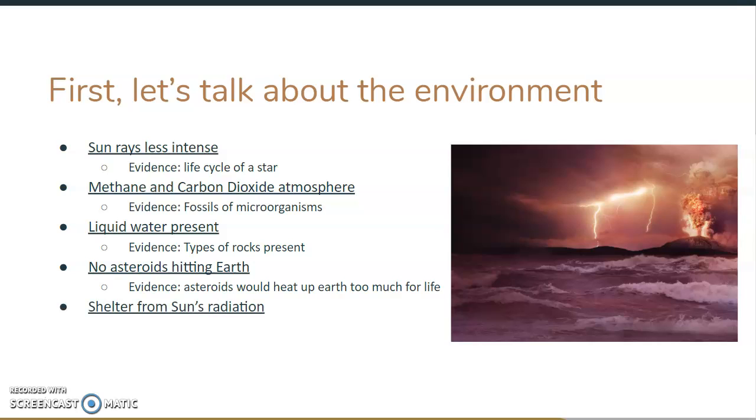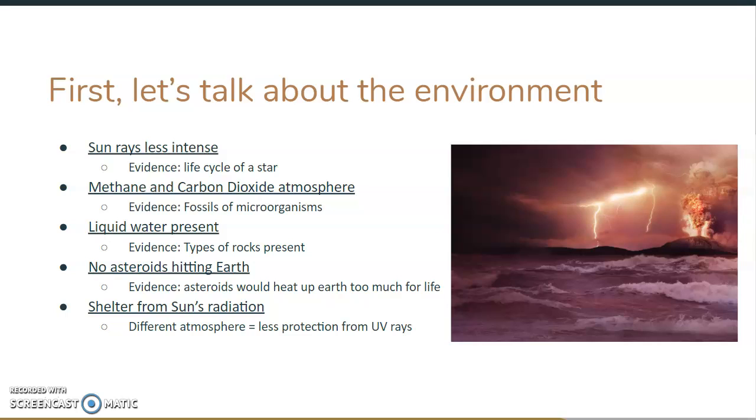We can also know that we would need shelter from the sun's radiation. So there was some kind of land or rock shelter for life to be created, and we know this because it was a very different atmosphere. Today we have what's called ozone. Ozone is produced by oxygen interacting with the sun's energy, and that creates a very protective layer over our atmosphere, so that the sun, the thing that gives us sunburns, that energy, doesn't hurt us as bad.